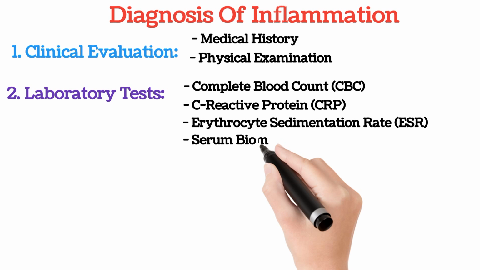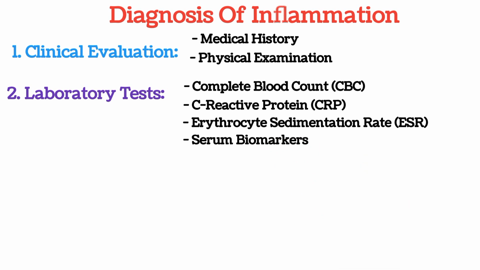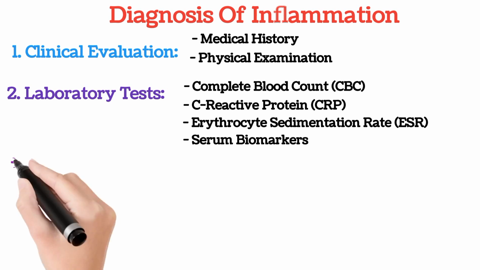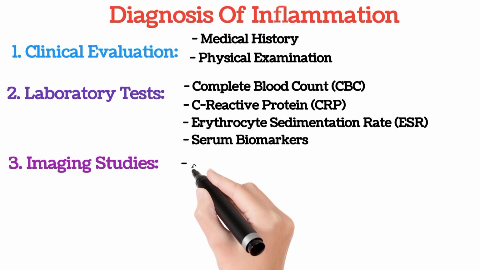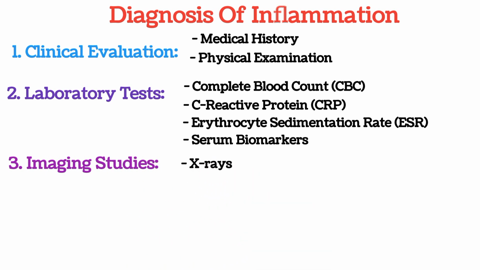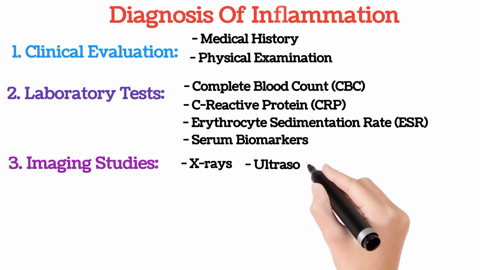Serum biomarkers: depending on the suspected cause, specific biomarkers may be assessed. For example, rheumatoid factor or anti-cyclic citrullinated peptide, anti-CCP, antibodies for autoimmune arthritis. 3. Imaging studies. X-rays, helpful for assessing bone changes, joint damage, or identifying calcifications.